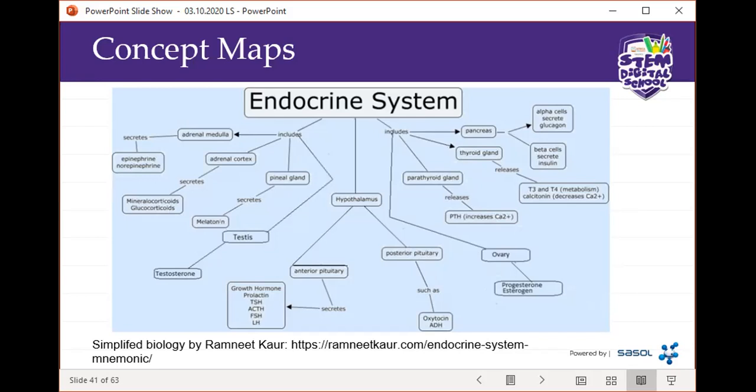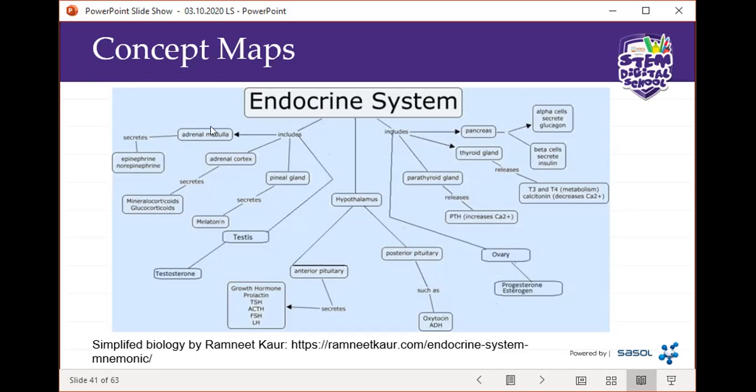Something you guys also need to notice is that there are certain glands as well as hormones that we don't cover in matric, so you need to be careful with that. For example, the pineal gland: we just mention the pineal gland, and we don't look quite deep into it and the hormone that it secretes. The same goes for the adrenal medulla and the adrenal cortex.